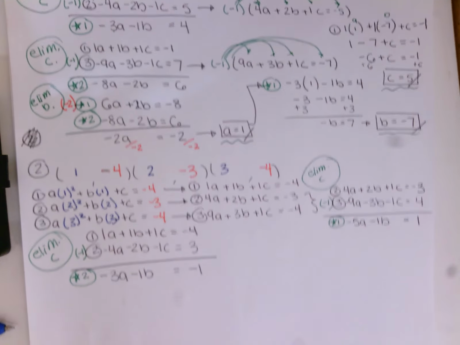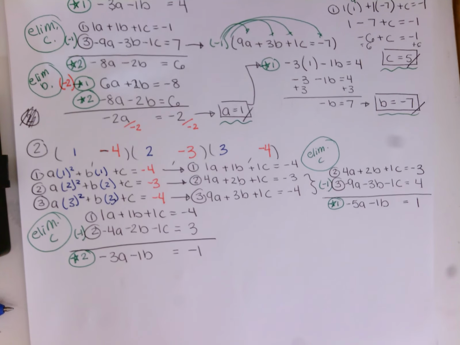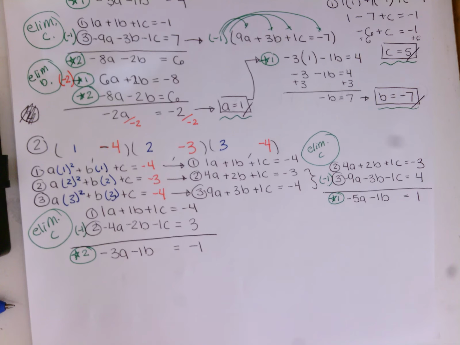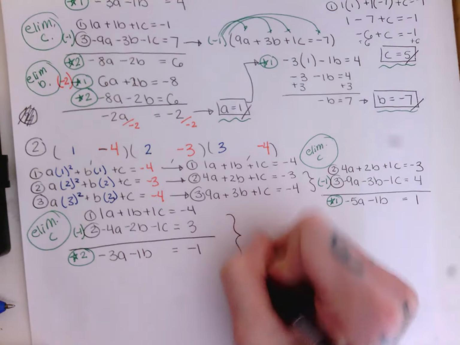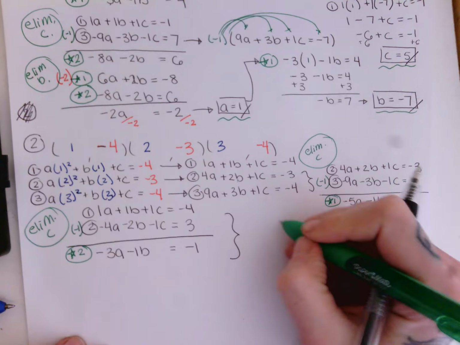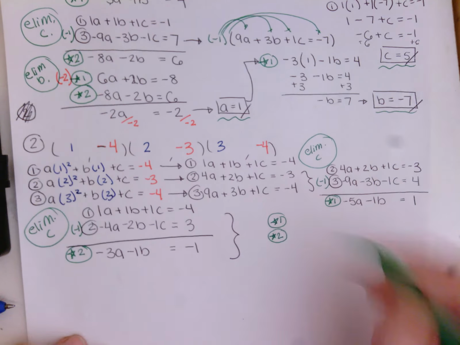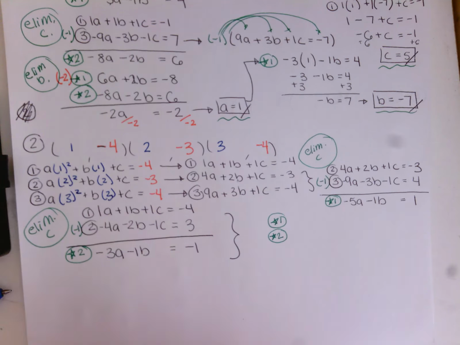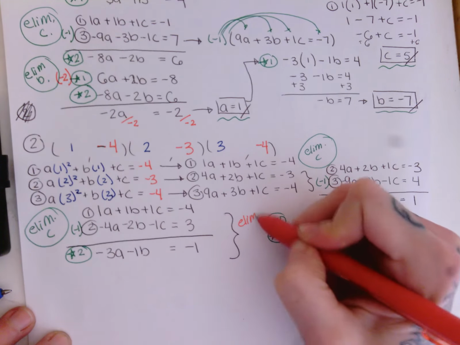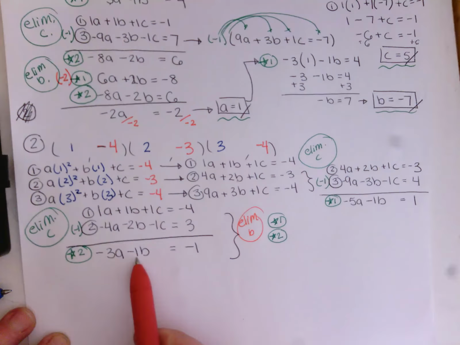Each of these equations has 2 variables. So I eliminated first c. Now I'm going to take a look and see what makes sense to eliminate for equation 1 star and 2 stars. So I'm going to choose to eliminate b. I think that makes most sense because here I have a -1.